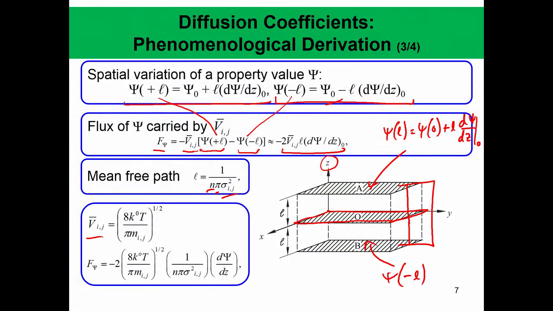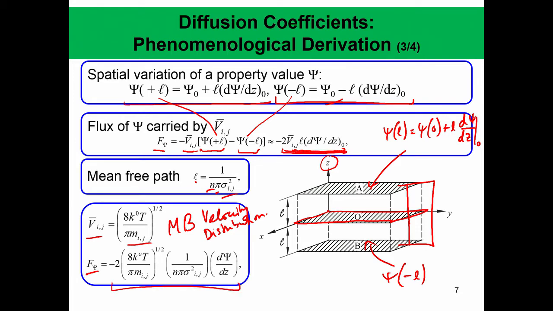collision volume. Alright. And of course we know that mean Vij is given by 8 k0 T divided by pi mij to the power of half, which comes from the Maxwell Boltzmann velocity distribution. We used this formula in the previous kinetics class also when we derived the formula for the k. So we can substitute L and Vij into this equation, and then we get this form.